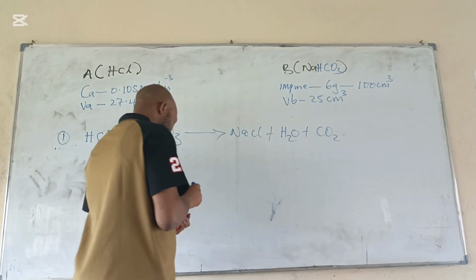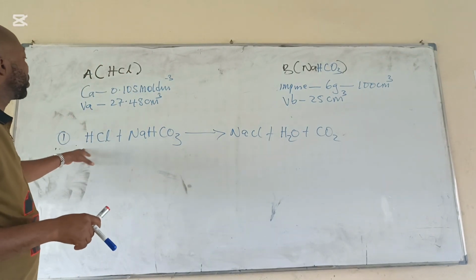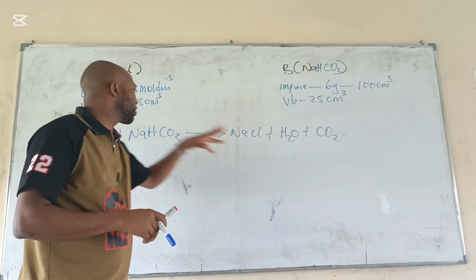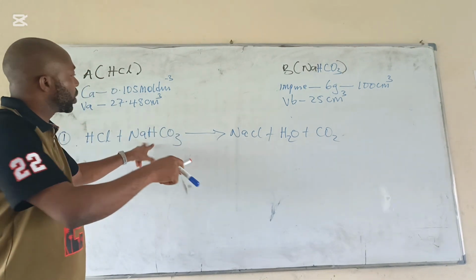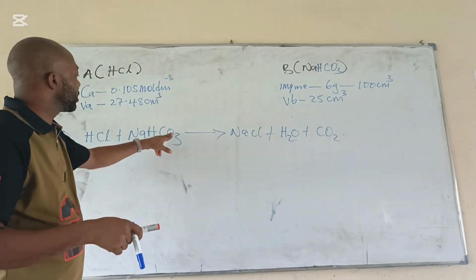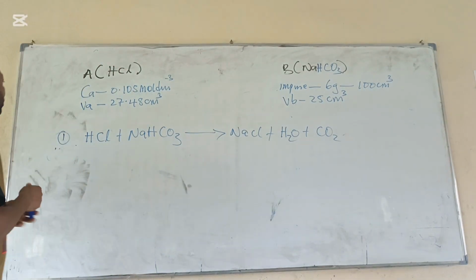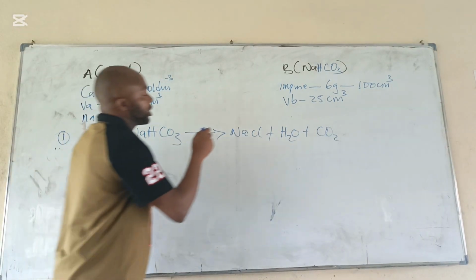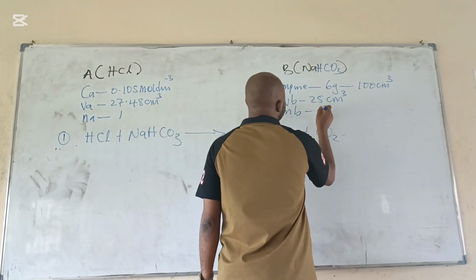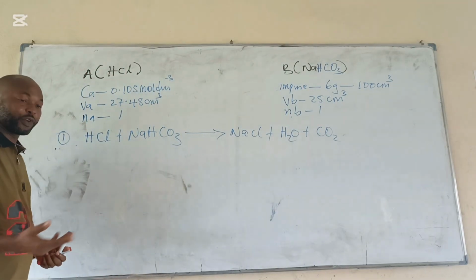We're going to balance it. Let's check it out. Now we have hydrogen 1, 2. We have 2 hydrogen. Hydrogen is balanced. Chlorine is 1, sodium is 1, oxygen is 3, 2 plus 1, 3, carbon is 1. It's balanced directly. So we now have the number of moles of acid here to be 1 and the number of moles of base to be 1. So by virtue of this, we have balanced the equation. We've answered the first question.